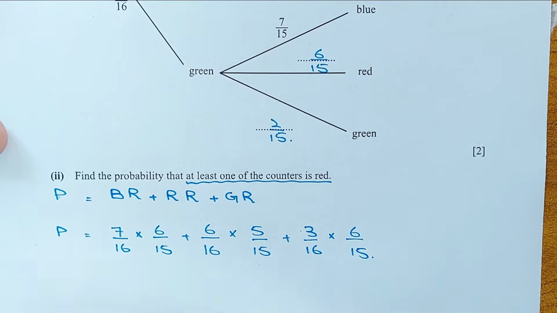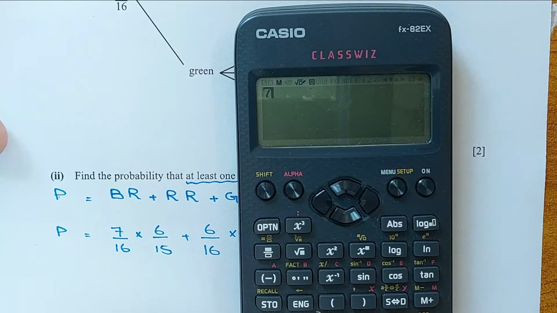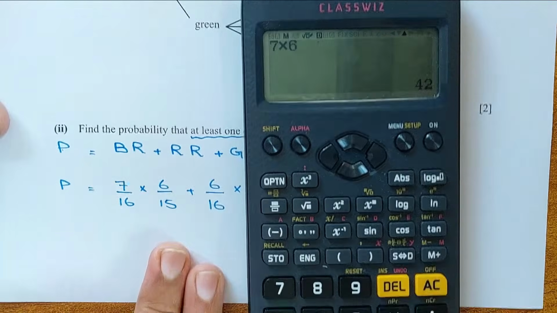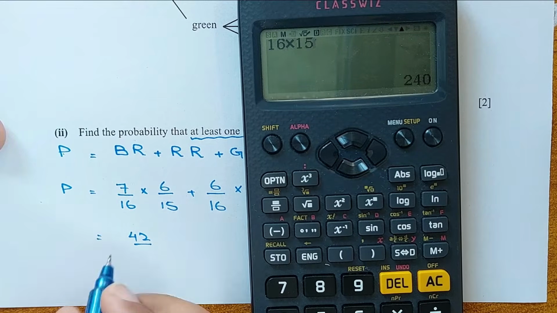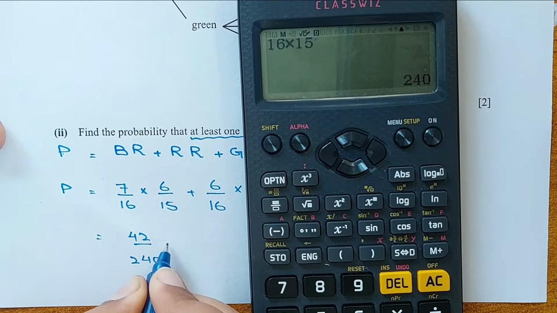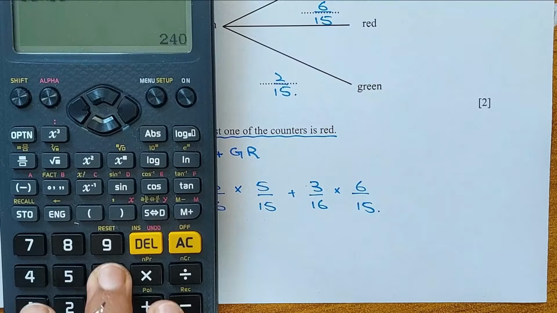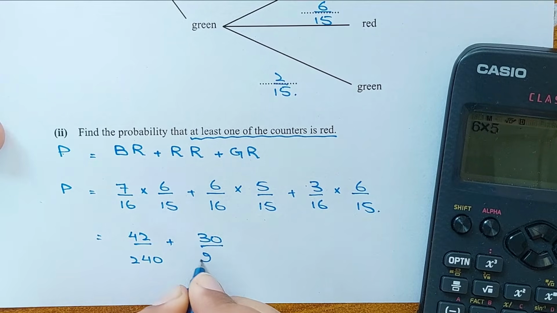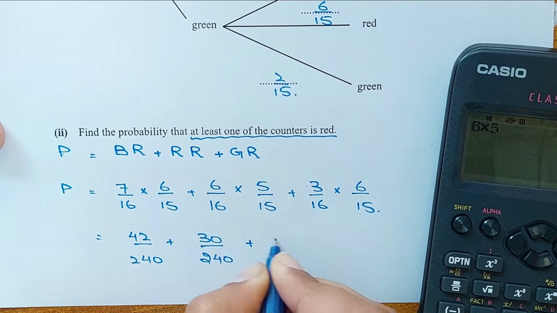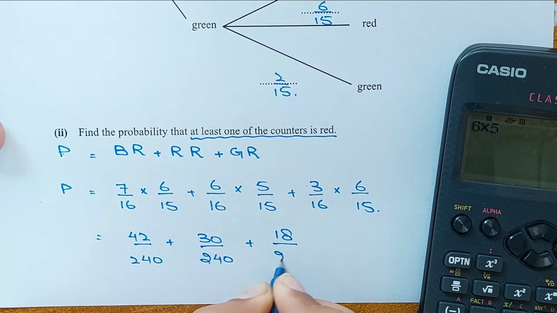Now let me simplify this. 7 times 6 is 42 over 16 times 15, this is 240, plus 6 times 5 is 30 over 240, 3 times 6 is 18 over 240.